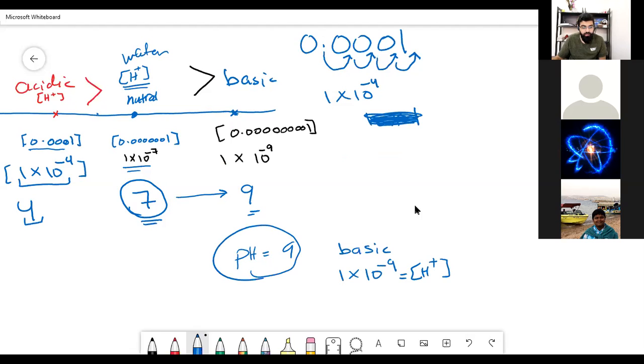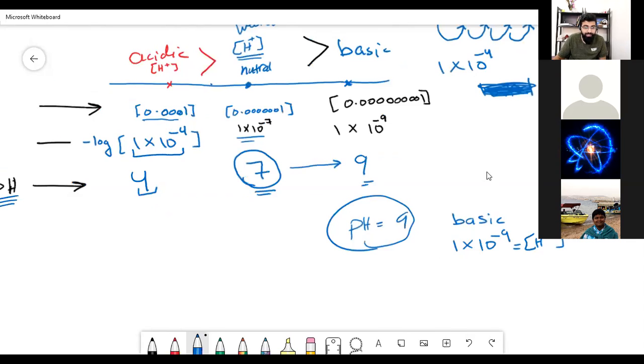Actually, on the scale, the greatest basic pH number is 14. And the lowest, the most acidic, the pH number is 1. And the neutral, as we said, is 7.